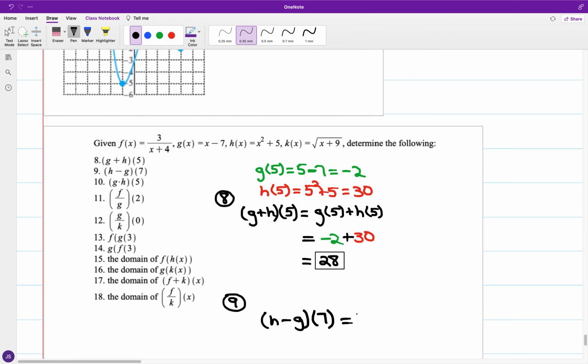So we're looking at h of 7 minus g of 7. For h of 7, we have 7 squared plus 5. 7 squared is 49, and 49 plus 5 comes out to 54.